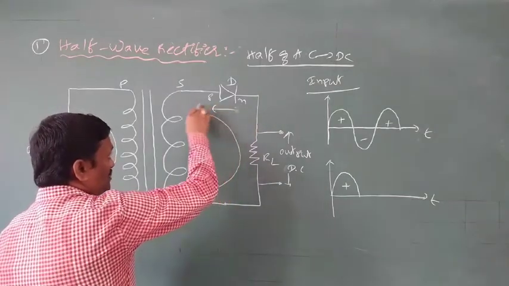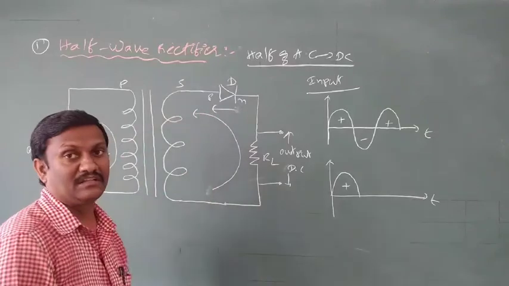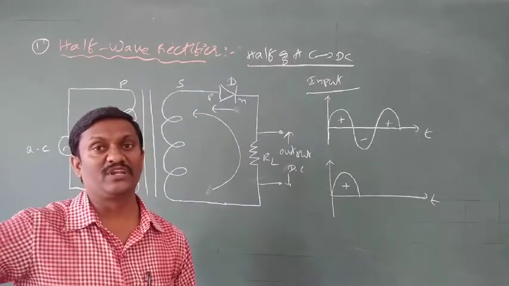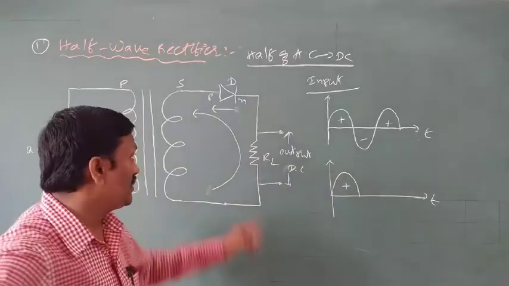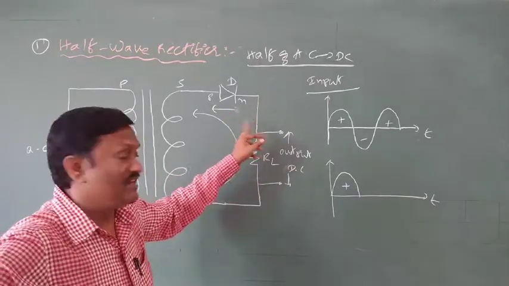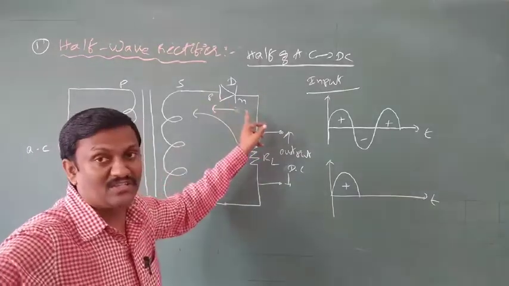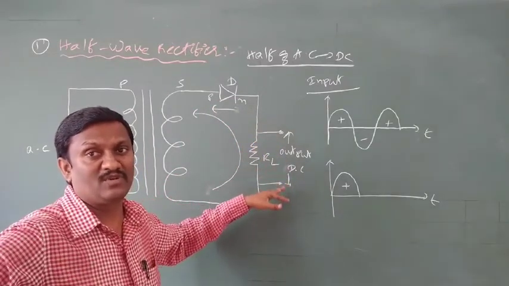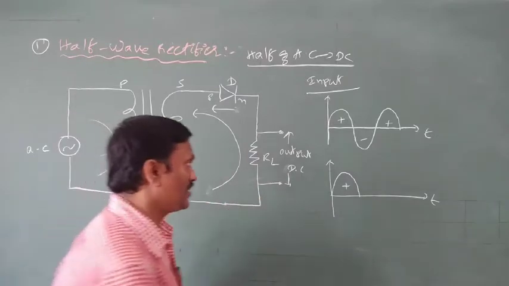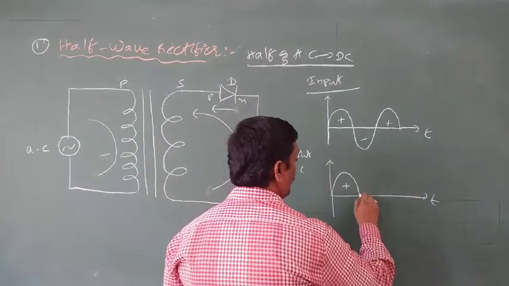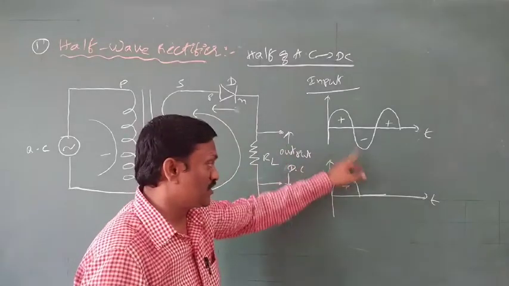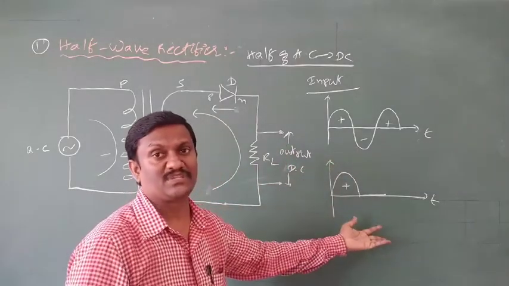When current passes through the diode from N region to P region, the diode is said to be in reverse bias. In reverse bias, negligible current passes through the diode. So in place of negative current, the signal is absent.